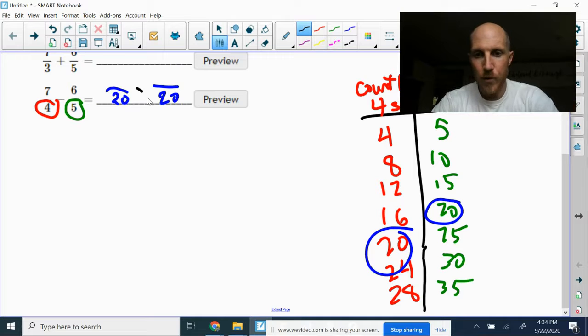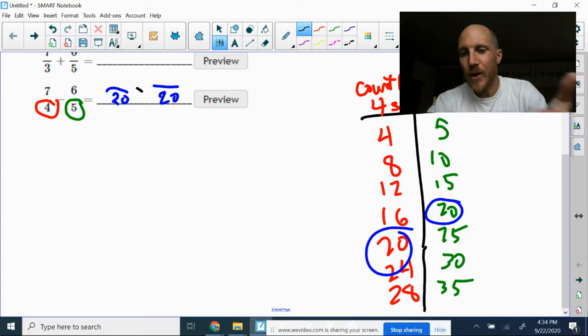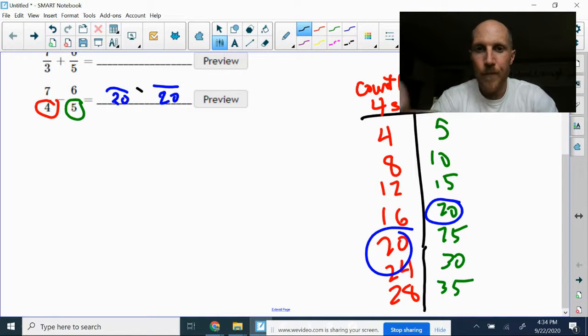So for the red number, looking down this row, I want to find out what I needed to multiply the original denominator of 4 by. Well, I can use this list if I'm not sure. Maybe with 4s we know, but maybe for a different problem you don't know your times table for some obscure number. So you just count down. 4 times 1, 4 times 2 is 8, 4 times 3, 4 times 4, 4 times 5, right?